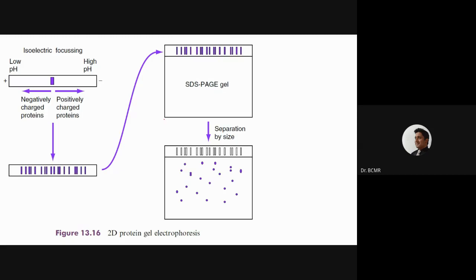Okay, good afternoon, everyone. In the last class, we were discussing Western blotting and other techniques. We stopped at Western blotting. So in this class, we will discuss a little bit of an extension on the protein side. In the previous classes, we learned about analyzing at the level of genes and variation.